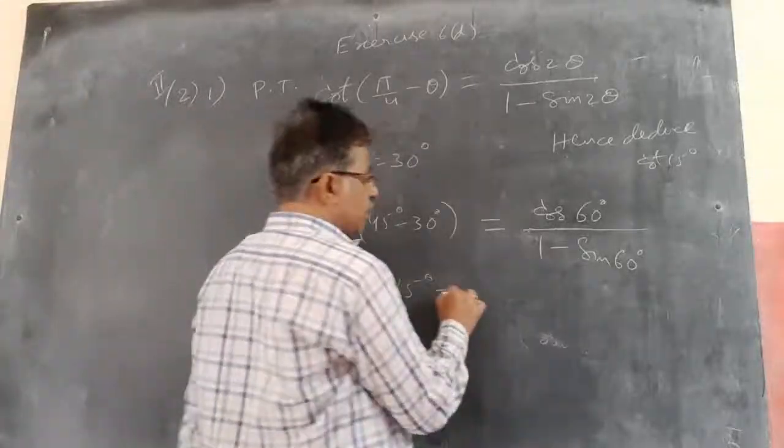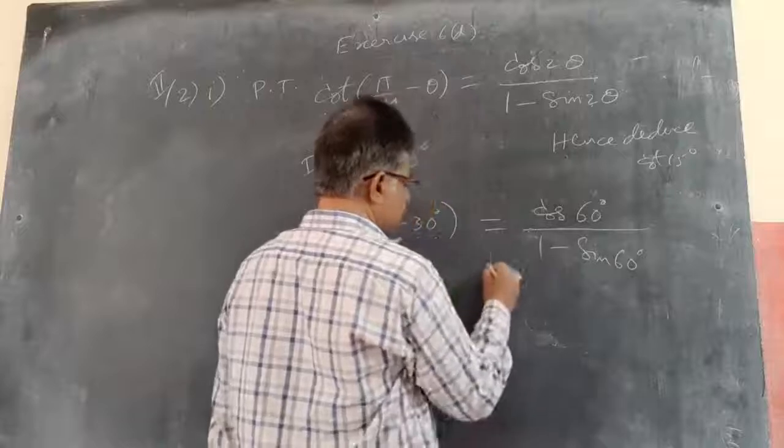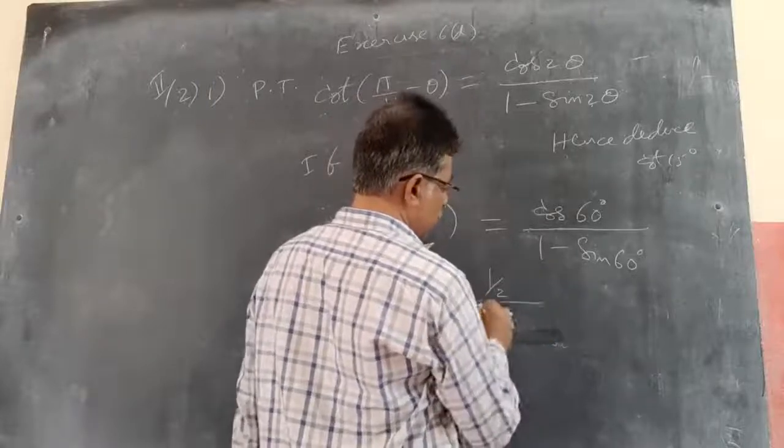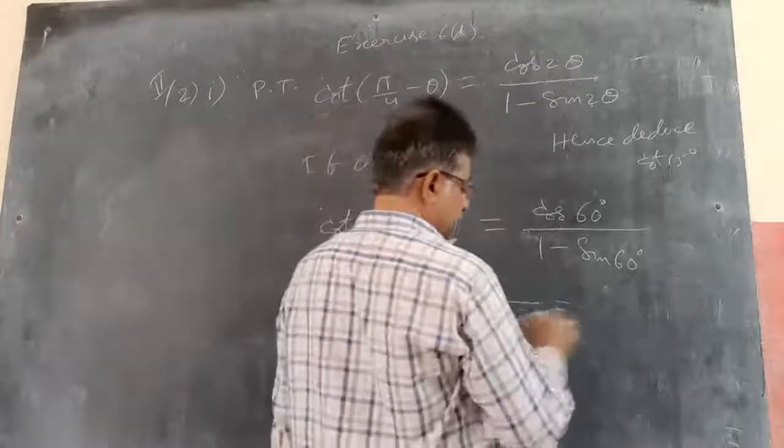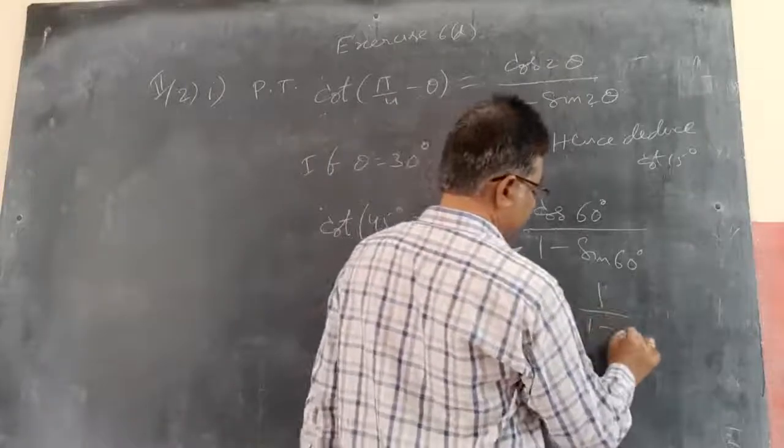So cot 15 equals cos 60 by 1 minus sin 60. What is the value of cos 60? 1 by 2. And sin 60 is root 3 by 2. If I take 2 common as LCM and cancel, I will get 1 by 1 minus root 3.